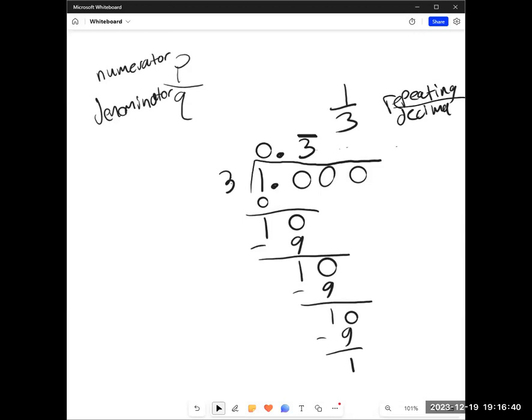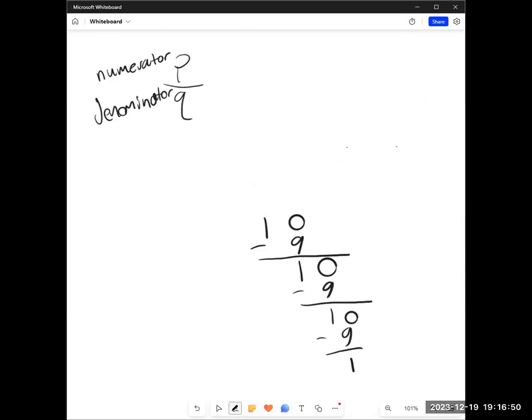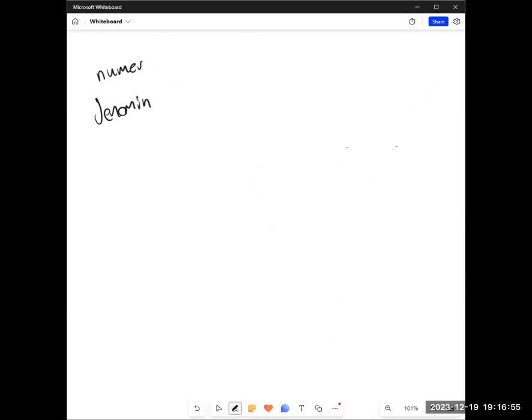Repeating was the blank that gets filled in. Okay, let's look at one more question here for this section. I didn't write down section number and problem numbers, but these are like 5.3, numbers 1 through 9 odd.